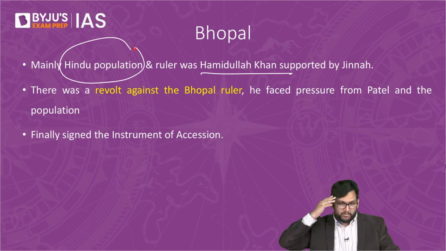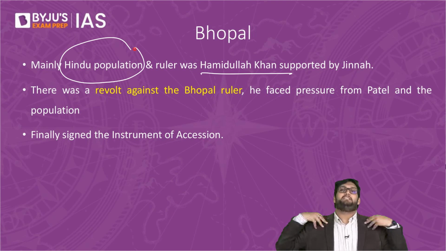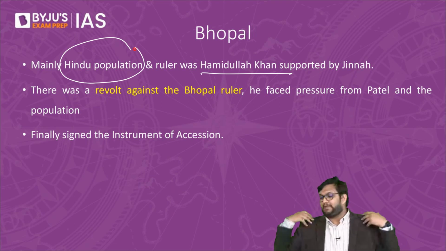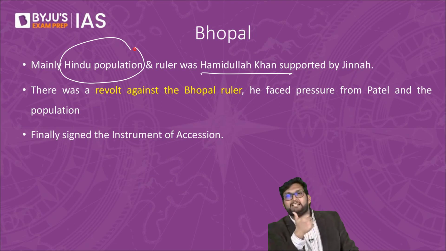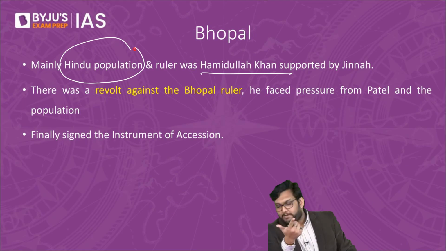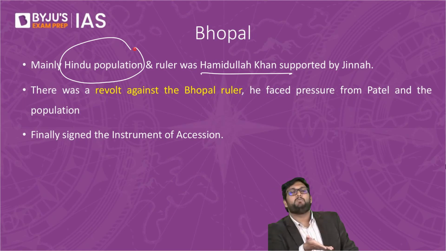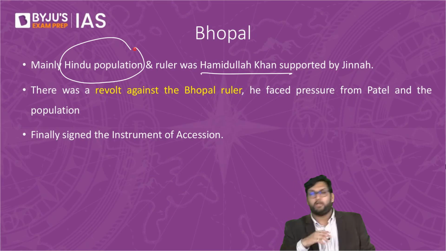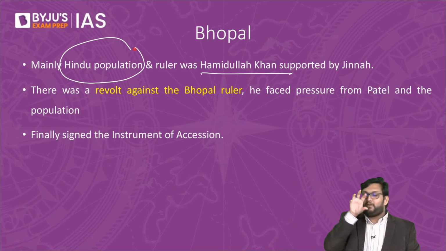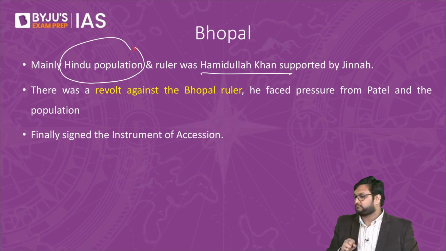Jinnah had a very standard policy that he said, I will give you anything and everything you want. You just become part of Pakistan. So rather than choosing to be independent or not be part of India, this fool wanted to be part of Pakistan. Now imagine one small Bhopal in between India, which is Pakistan.